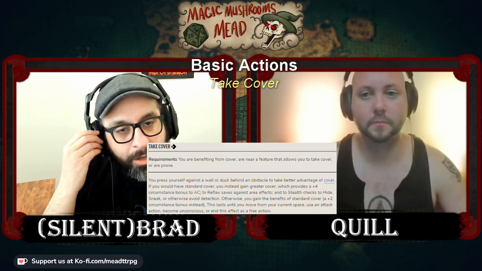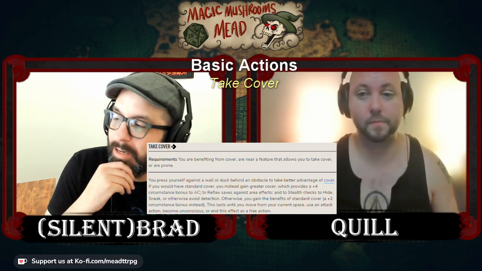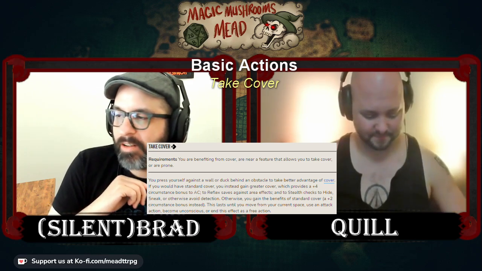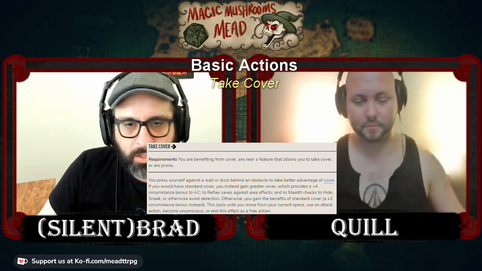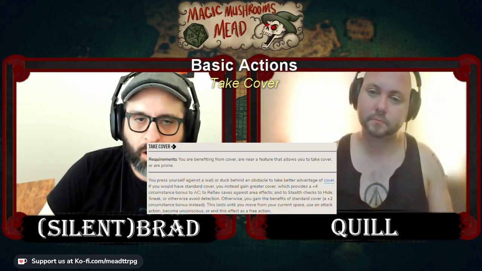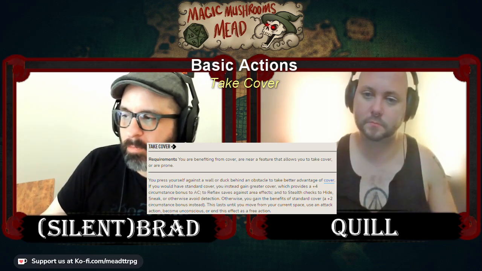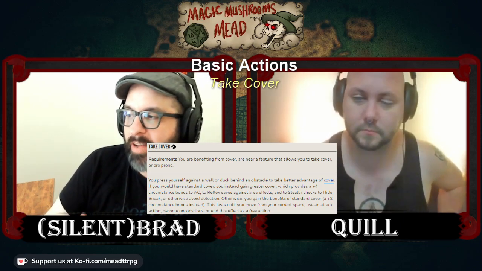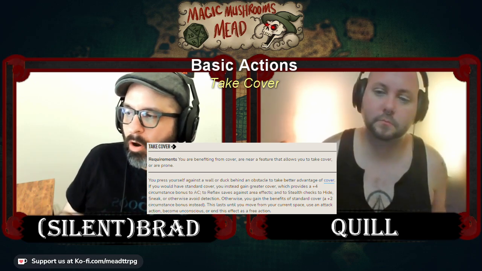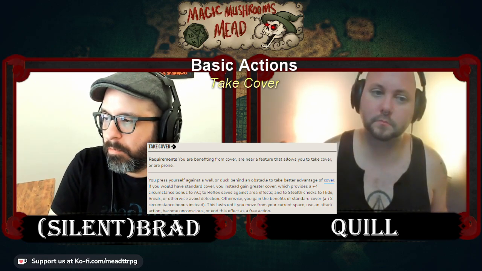And there's take cover. That's another one that you guys should know as well. If you're benefiting from cover, that's if there's something high enough that you can take cover behind, you are already getting lesser cover, so you can use the take cover action, one action, to press yourself against a wall or duck behind an obstacle to take better advantage. So if you were already getting standard cover, you get greater cover.